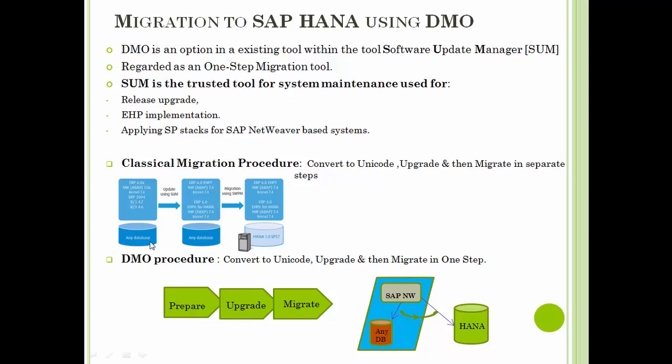So now let us understand using a picture how the classical migration procedure was being executed and how the DMO procedure will be executed. As I said, in the classical migration procedure, we will first convert to a Unicode based system and upgrade the solution to the release supported by SAP HANA, and then migrate in a separate set of steps.